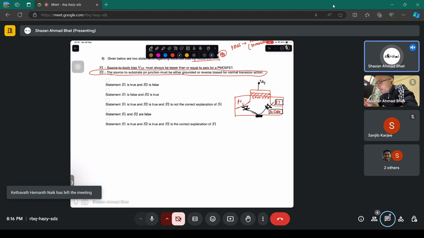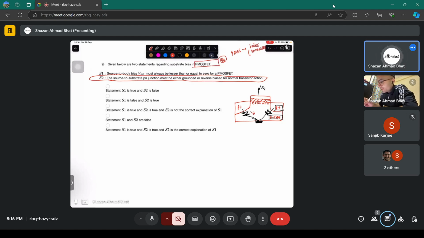So I told you that these diodes should be reverse biased always, because we don't want the current to flow in these directions. Okay, you don't want that, you don't want current to flow here. You only want the current to flow in here, in this direction. So for that, the PN junctions must either be grounded or must be reverse biased in a normal transistor. When will this diode be reverse biased?